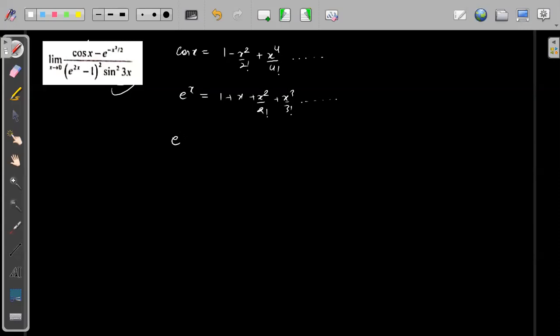So e to the power 2x will be 1 plus 2x plus 2x whole square by 2 factorial and so on. Similarly, e to the power minus x square by 2, simply substitute: 1 plus minus x square by 2, plus minus x square by 2 whole square by 2 factorial, and the remaining.